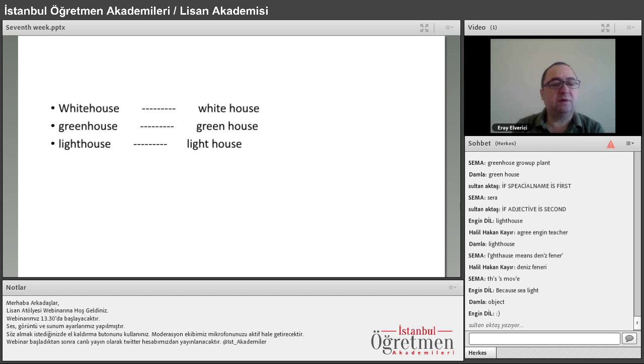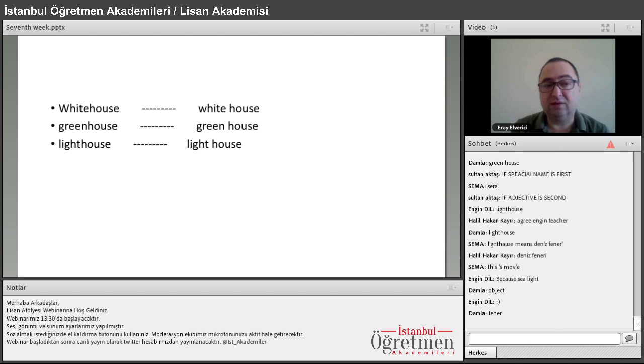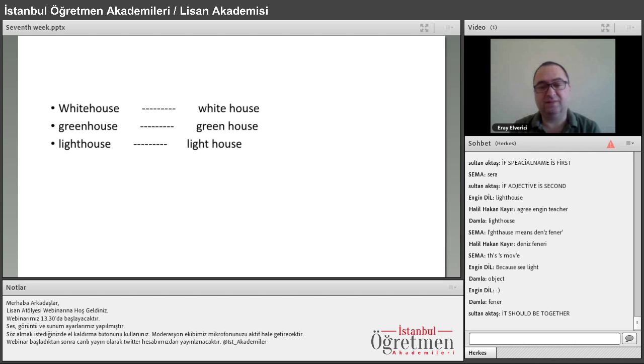The marine people use these lighthouses to find their way, especially in the dark. If they don't want to have a shipwreck and something like that, it should be together, not separated. The sea light. Very good. Fener. Yes, Sultan Hoca, it should be together. Okay. So, we are going to do something different.